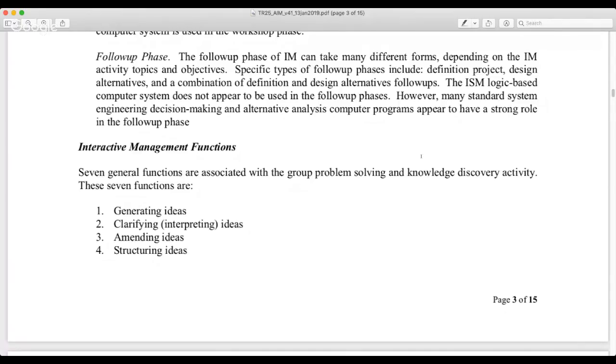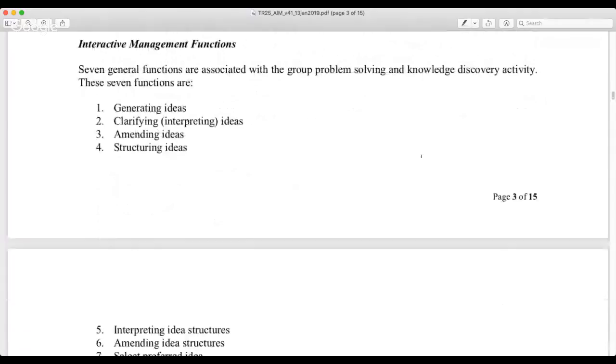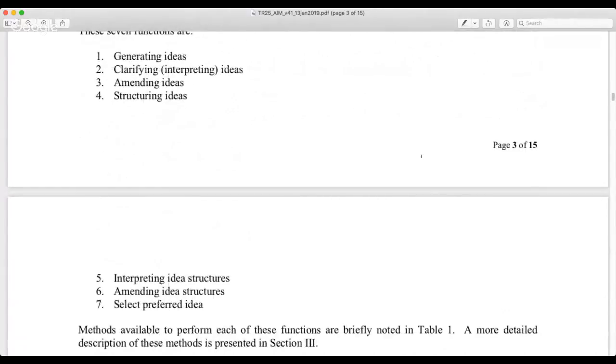And so in the interactive management functions, we went through and listed the functions: what actually is interactive management designed to do. And as we can tell, the Science of Generic Design, Interactive Management Handbook, I guess, is one that lists 6 functions.